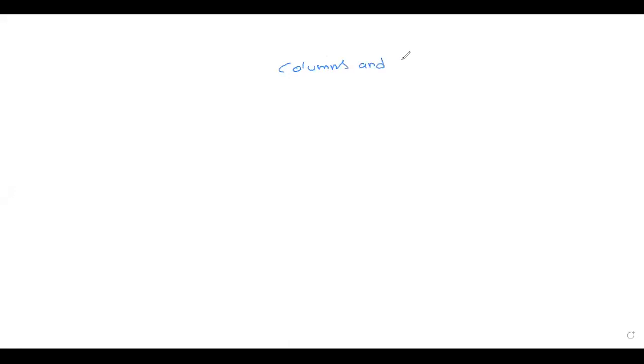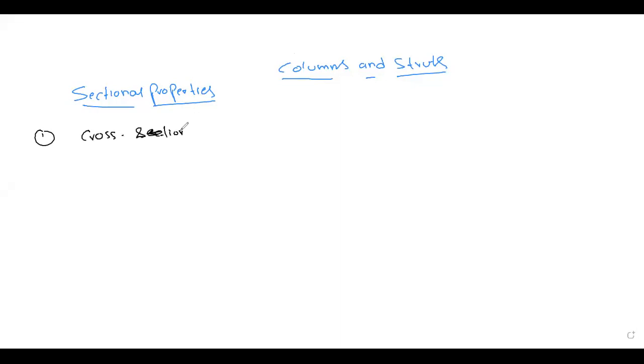Columns and struts. See, the important sectional properties to decide the column and strut are, okay, what are the important properties to be considered to decide the columns and struts: the first one, cross-sectional area.